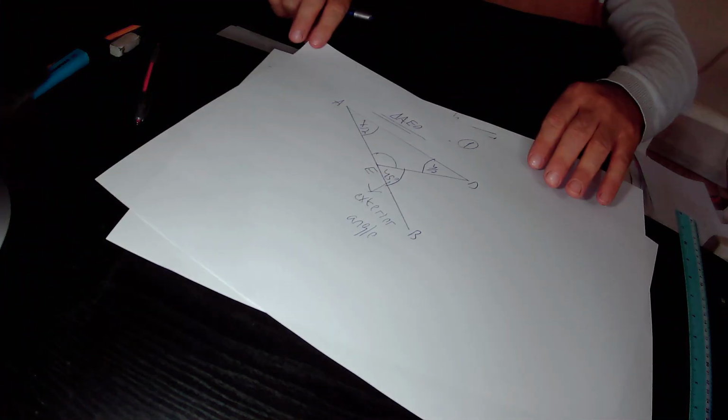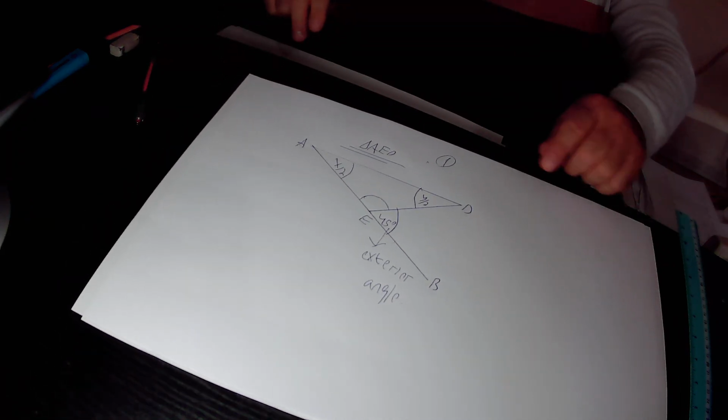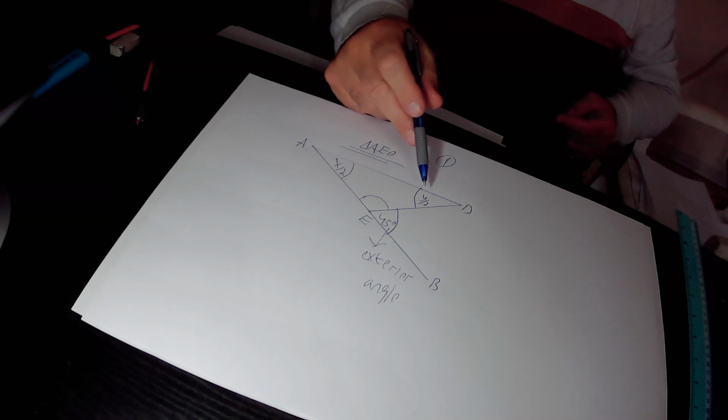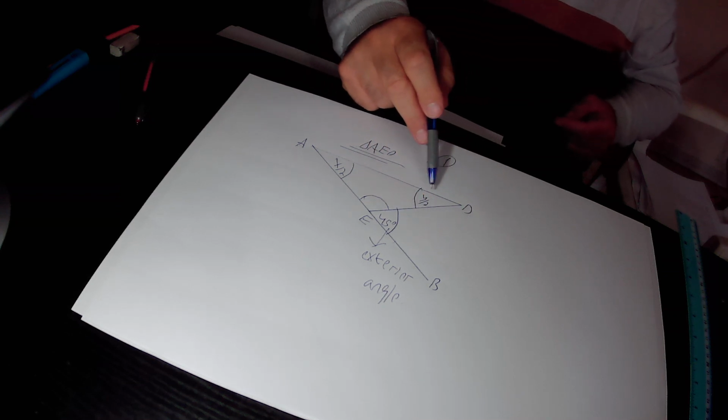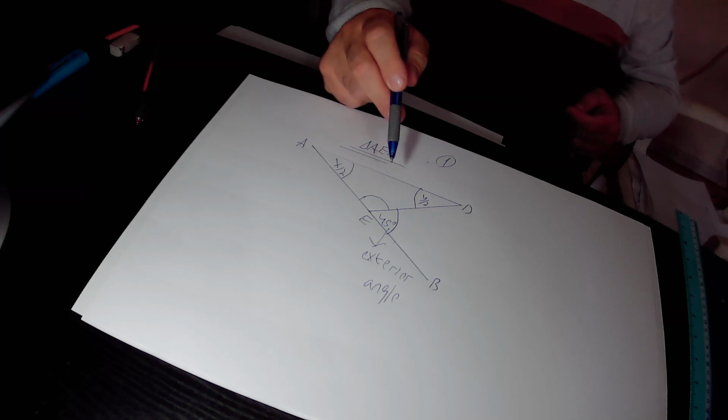So we can actually implement rule 4 in our drawing. Why? Because in our drawing we have the exterior angle DEB, and its size is 45 degrees.